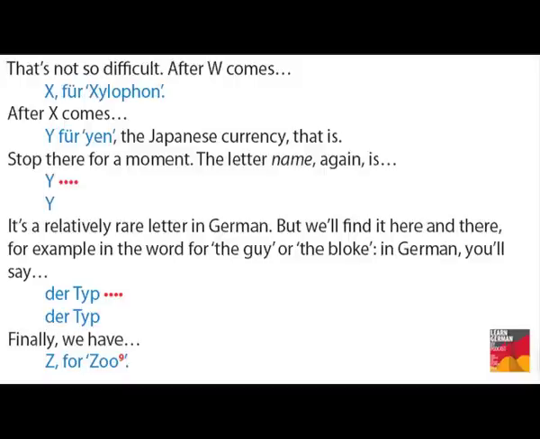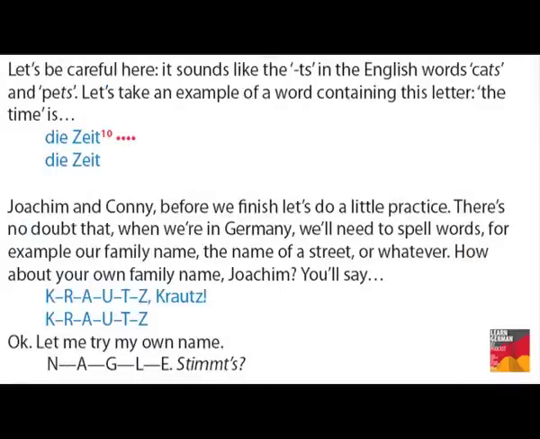In German you'll say, Der Typ. Finally we have, Z für Zoo. Let's be careful here, it sounds like the ts in the English words cats and pets. Let's take an example of a word containing this letter. The time is Die Zeit.